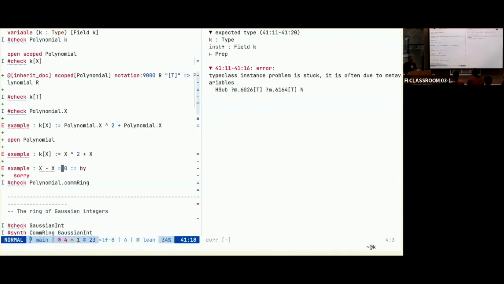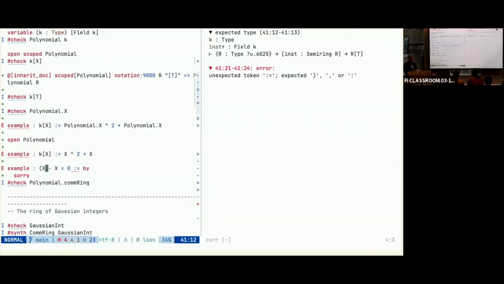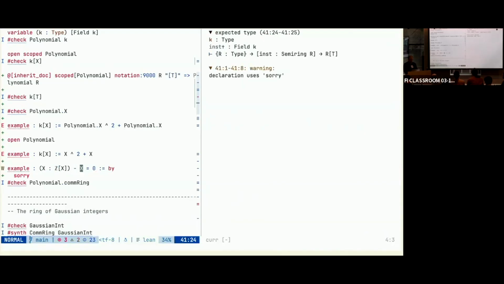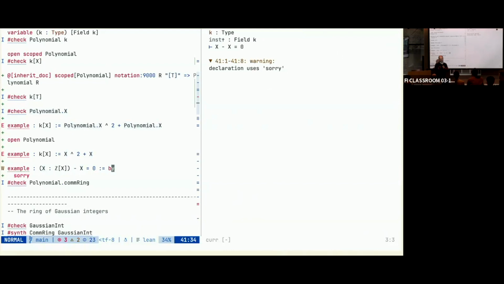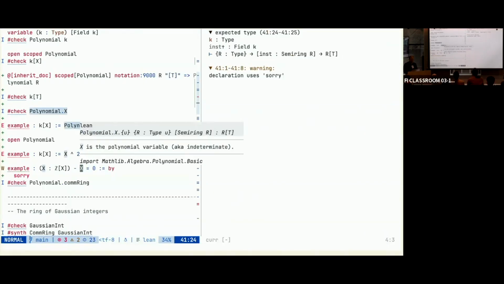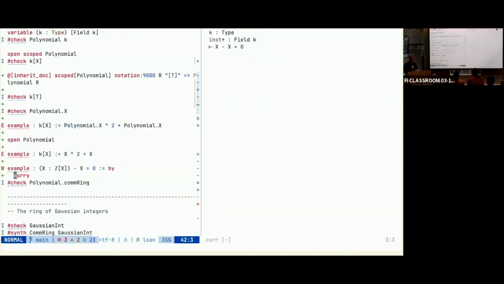But if you coerce the first x into k adjoin x, for example z of x, then it's okay, because Lean said, I need a subtraction and I have a subtraction between polynomials with z and polynomials in z of x.